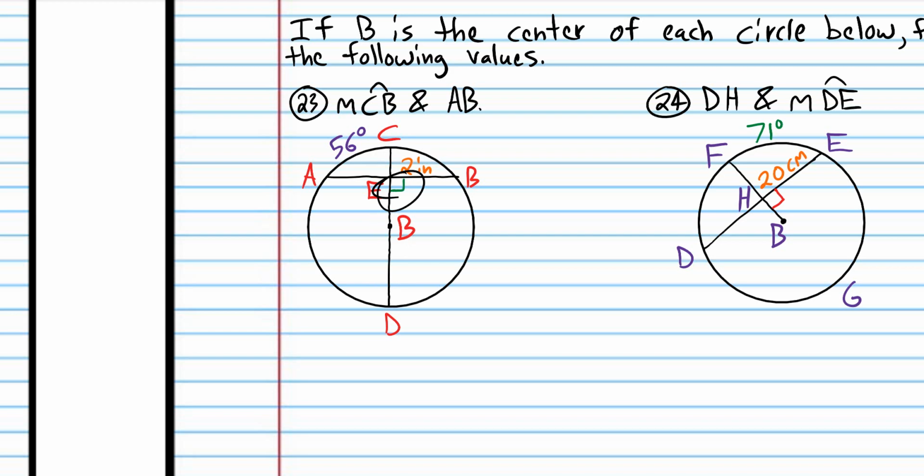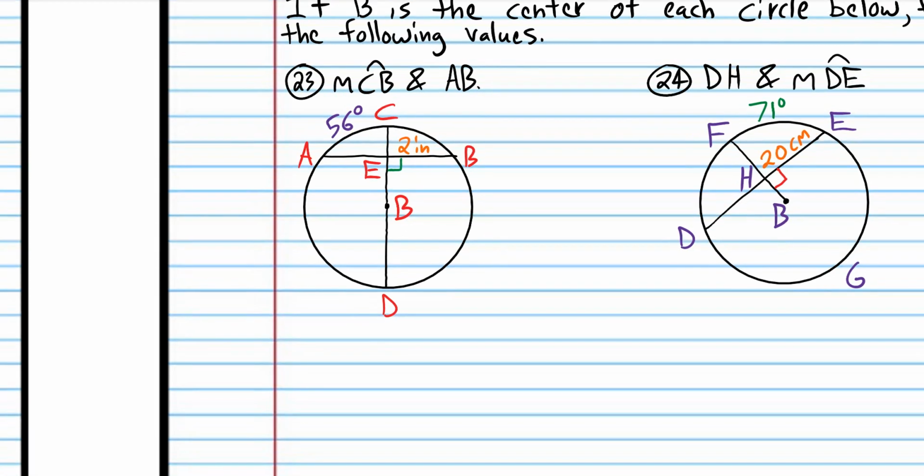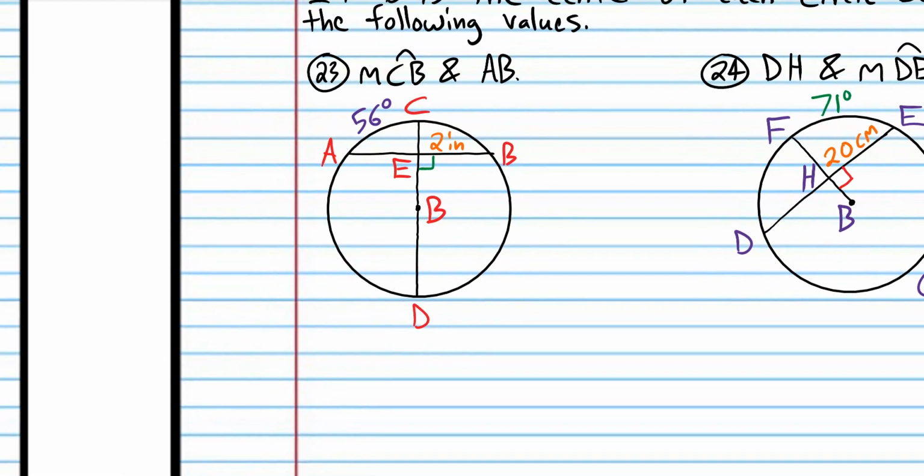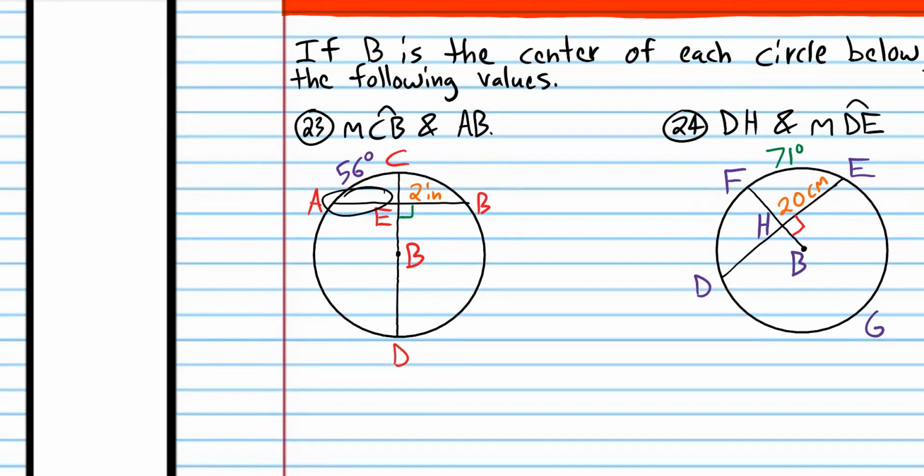So by that theorem, because those two things are met, we know that DC bisects the chord AB, and it also bisects the corresponding arc. So that means it hits right in the middle of that arc, which means that this side must be 56, just like this side is 56 degrees. And this length here, of course, is 2 inches.